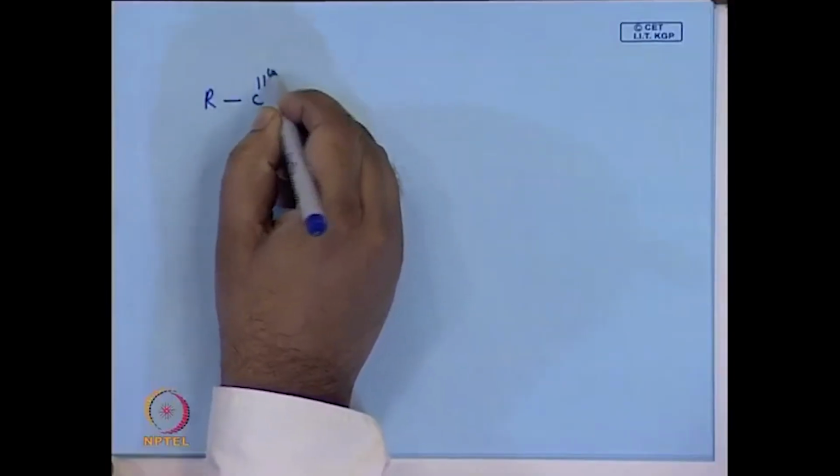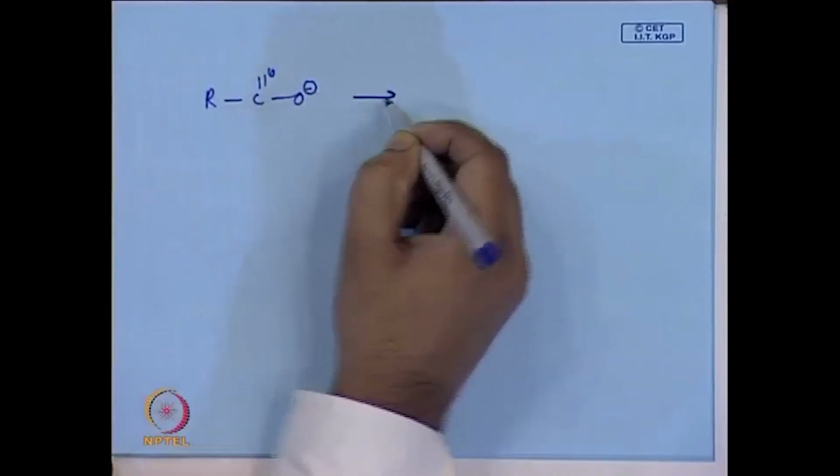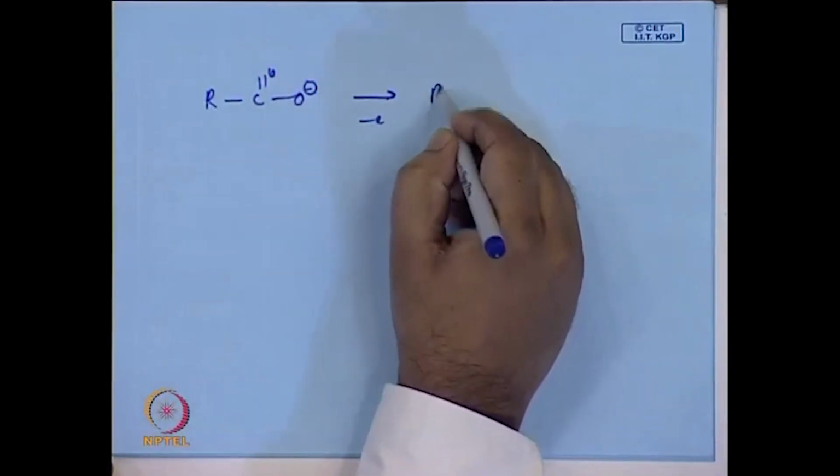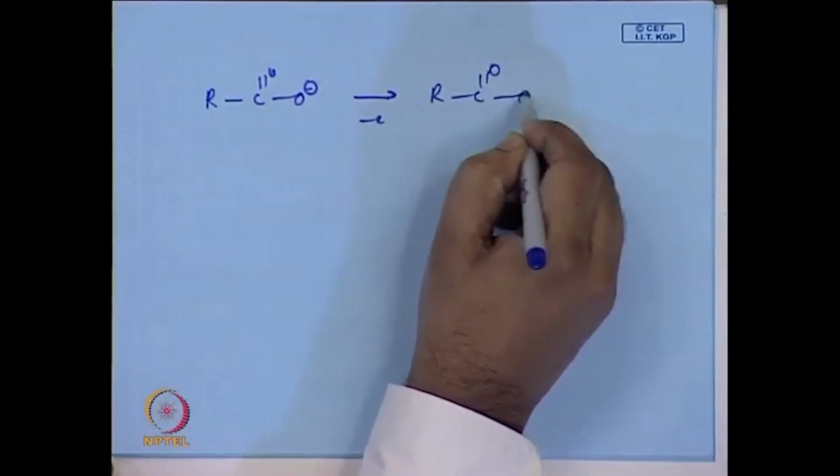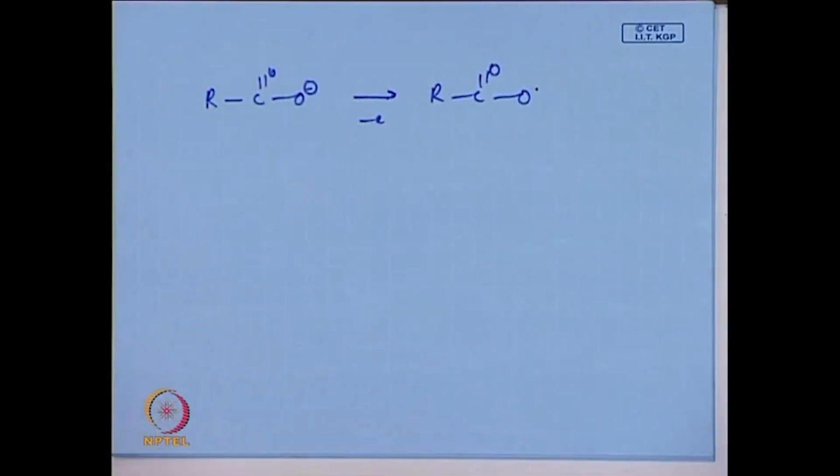So, for example, it can give up an electron at the anode and produce a radical. If you want to do electrochemical radical polymerization, you can use this technique to start the polymerization.